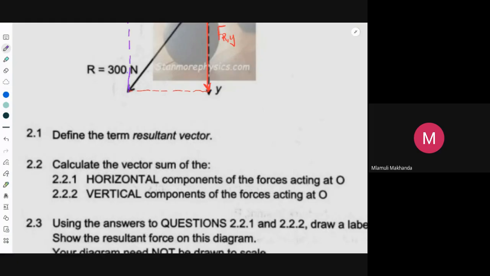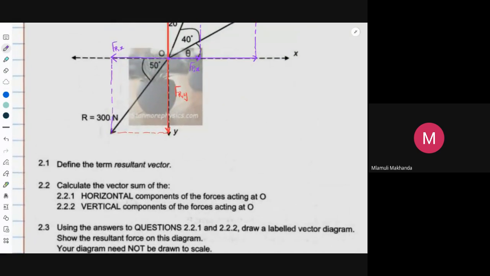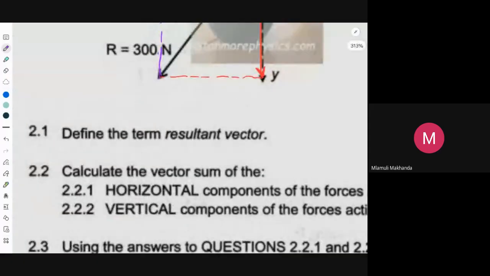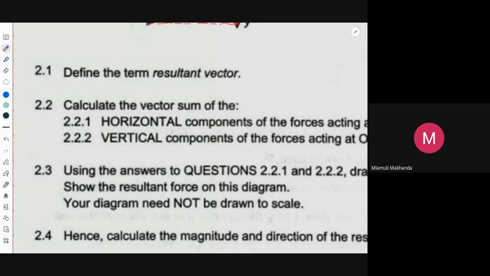So who cares to define a resultant vector for us? I gave you the definition in our previous lesson. It's the same definition you can use in your exam. It is completely acceptable.